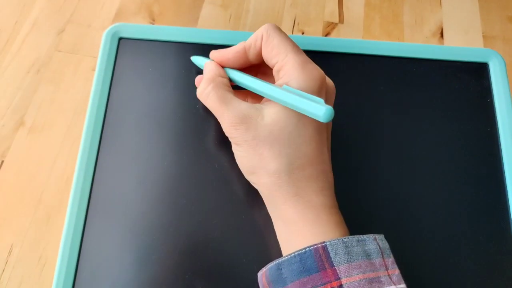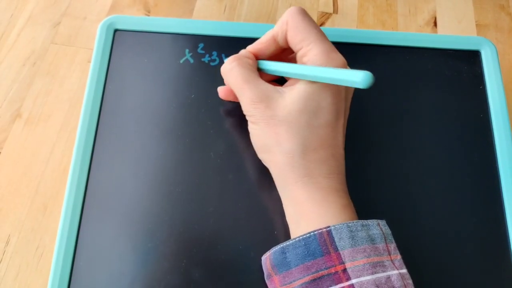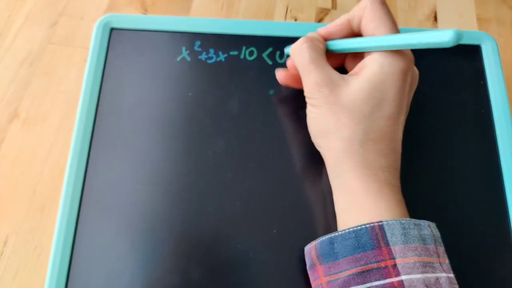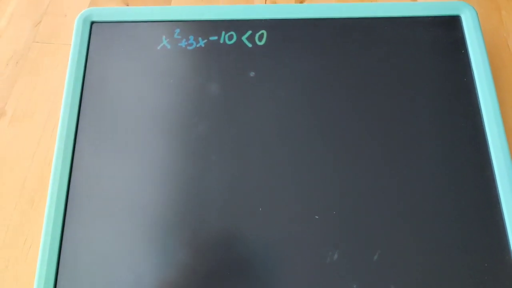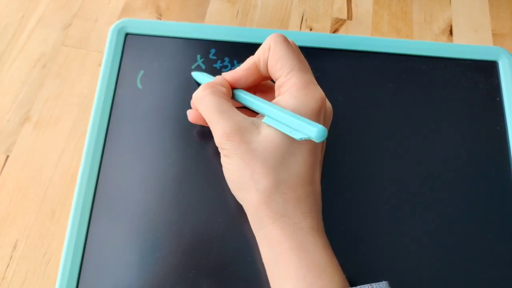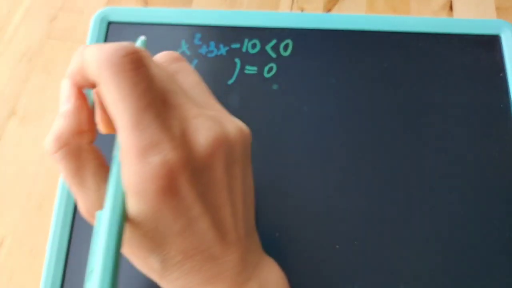Let's see another example. We have x squared plus 3x minus 10, and this is less than 0. We're going to factorize it and make it equal to 0.